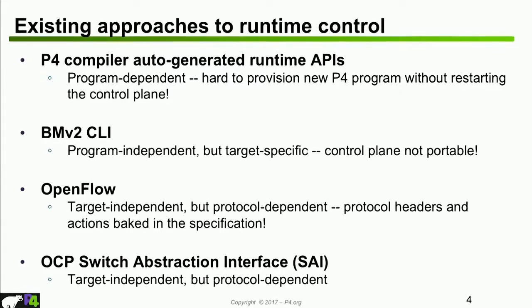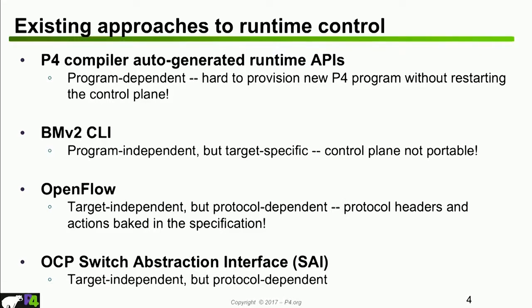Another alternative is the BMV2 CLI you saw in the previous exercise. This is program independent, but it's target specific. So the control plane you wrote that used the BMV2 CLIs is not portable to other targets. Then we have OpenFlow, and OpenFlow was initially designed, created to be target independent. But the problem of OpenFlow is that this is protocol dependent, so the headers and actions are actually baked in the specification.